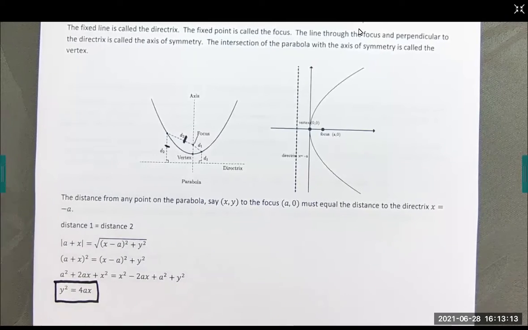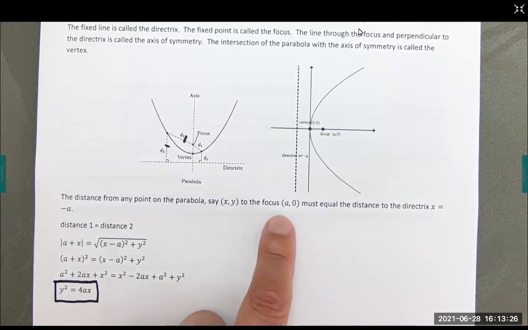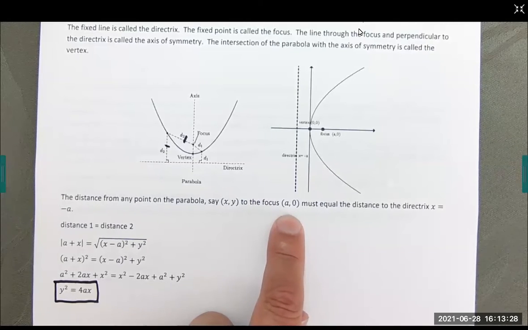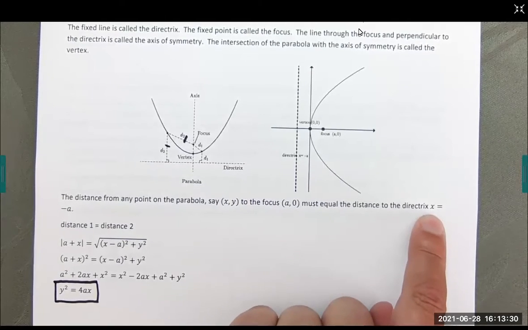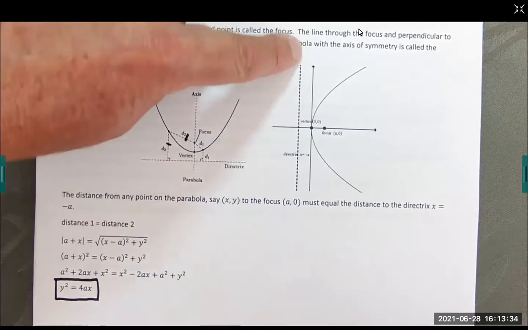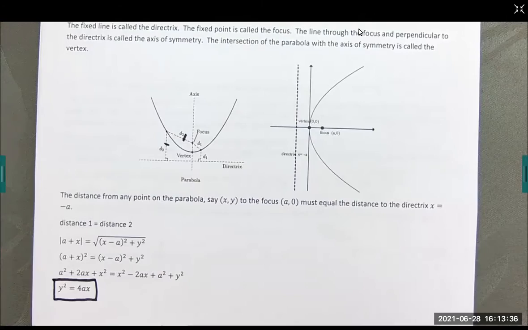Now, this is specifically for a sideways one because the y is being squared in this case. A is going to be the distance from the vertex to the focus. And the focus is always at (a, 0). And the directrix equation, because in this case, it's a vertical line here, is x equals negative a.